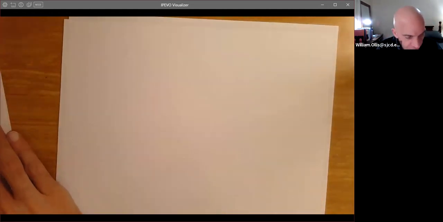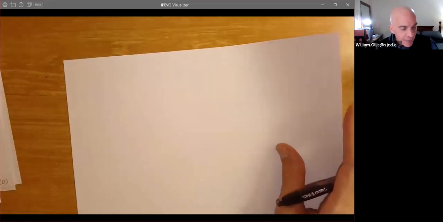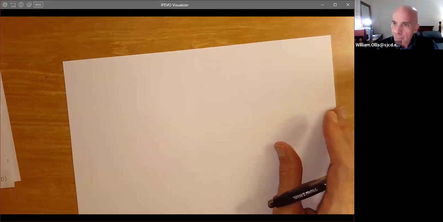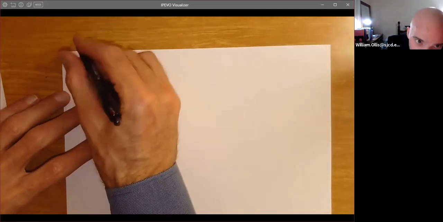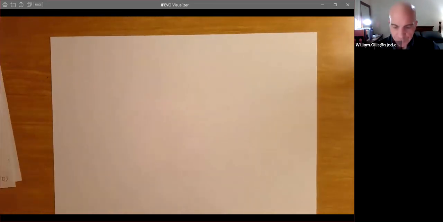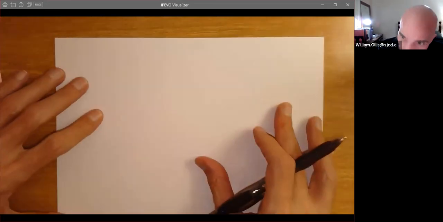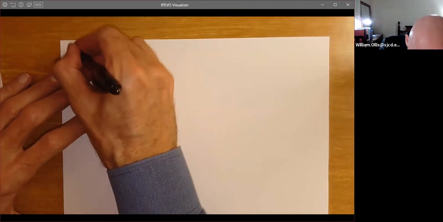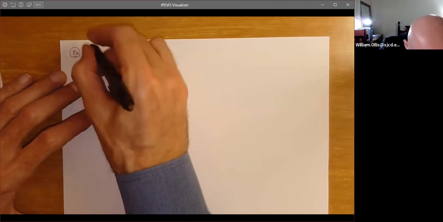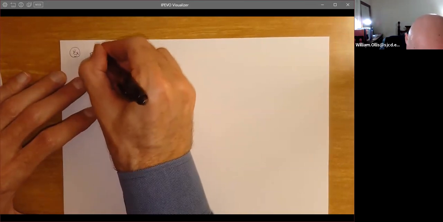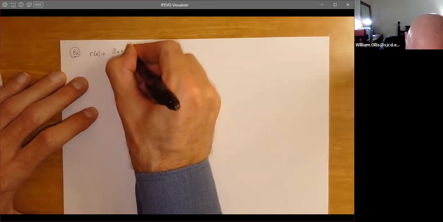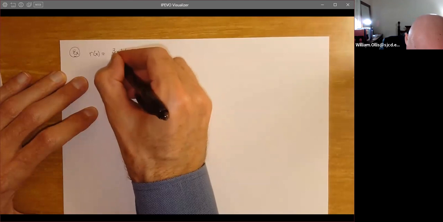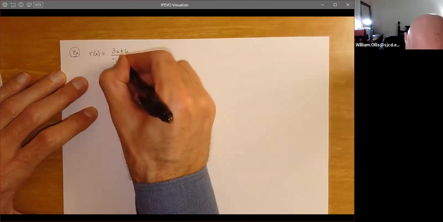So let's start with the one that we actually worked on that had the horizontal asymptote, and we'll just finish it. So we want to graph this. So in this case, we have r of x equals 3x plus 6 divided by negative 6x plus 2.